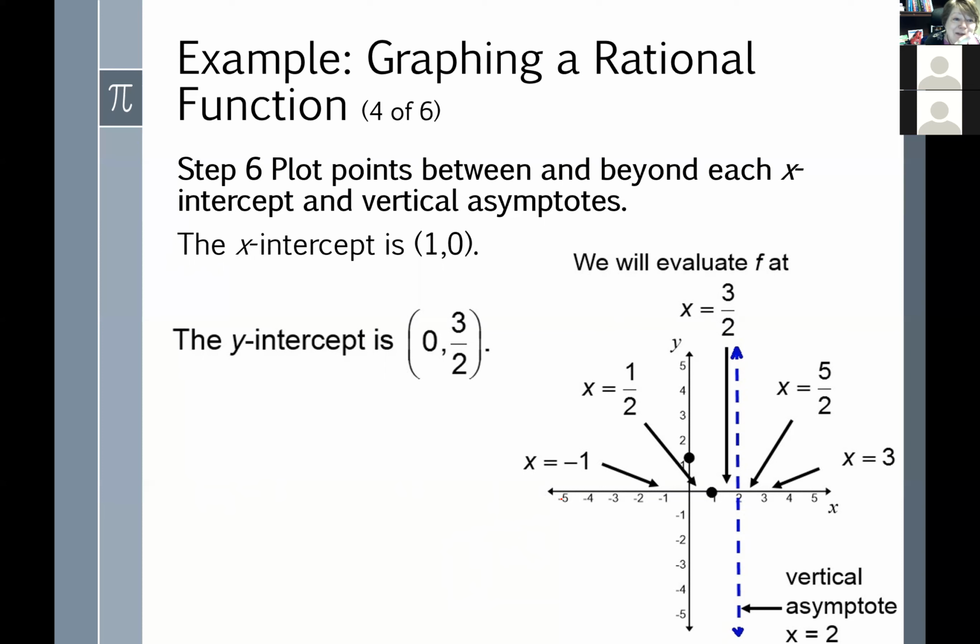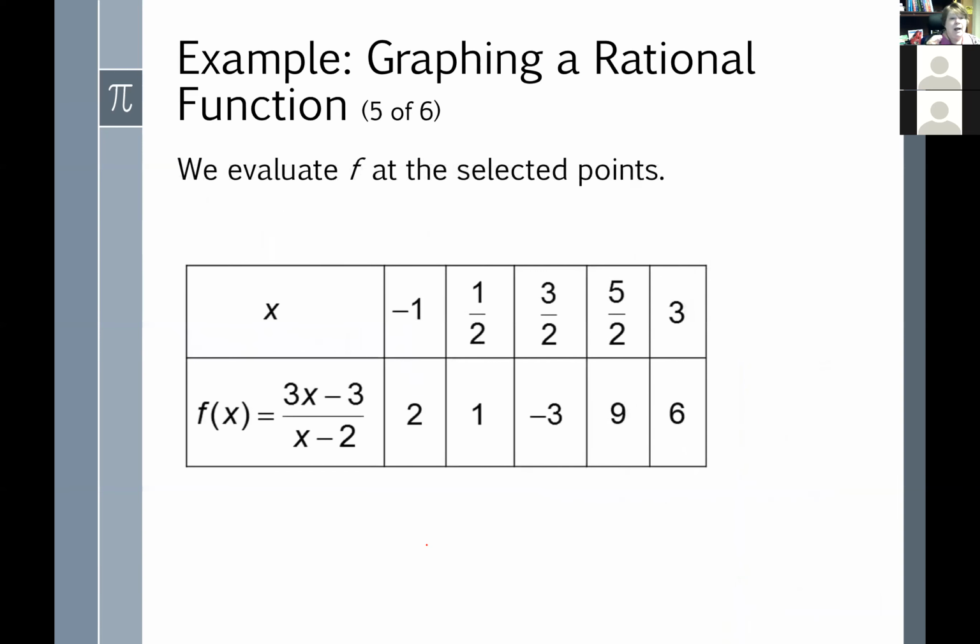Do not get this wrong. You have a calculator. Do not let evaluating a function be the reason you get a problem wrong. Use your calculator. Okay? There's a couple of different ways you can do this.